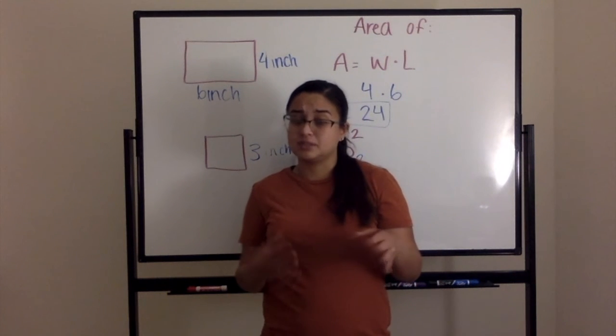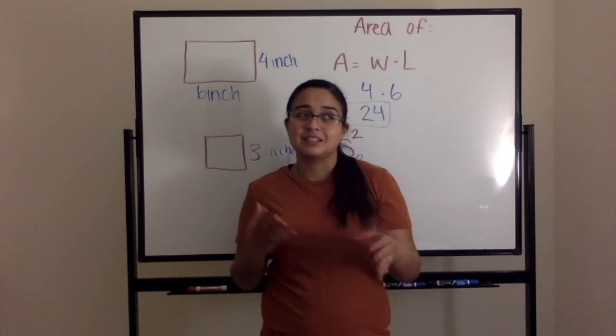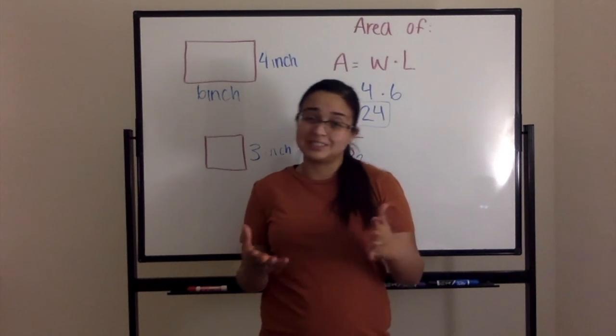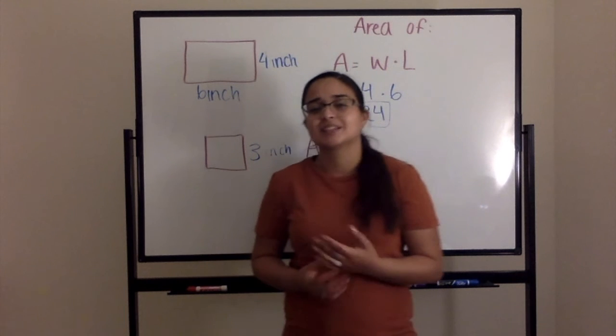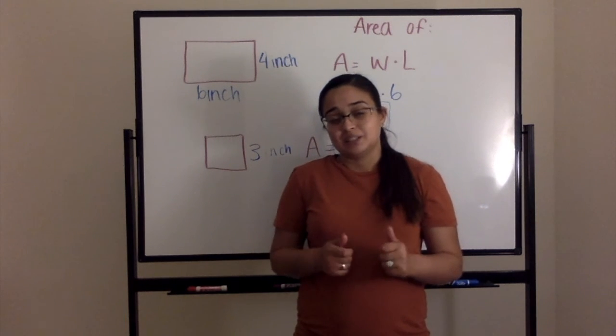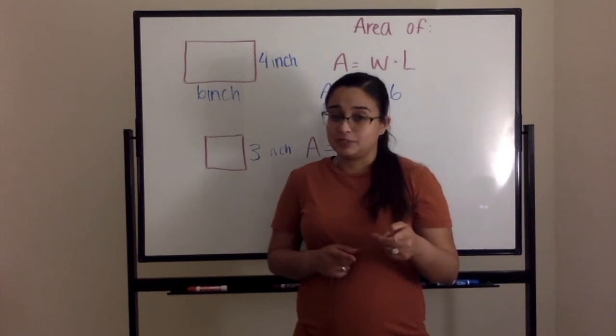You'll really come to see how many squares and rectangles we are actually surrounded by, that we just don't really realize. Okay? So that's going to be your assignment for today.